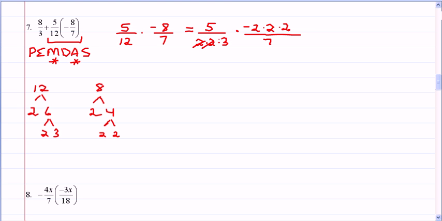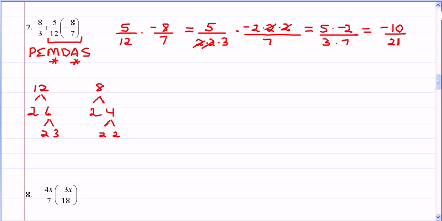And 2 of the 2's cancel, so that I have 5 times negative 2 over 3 times 7 equals negative 10 over 21.